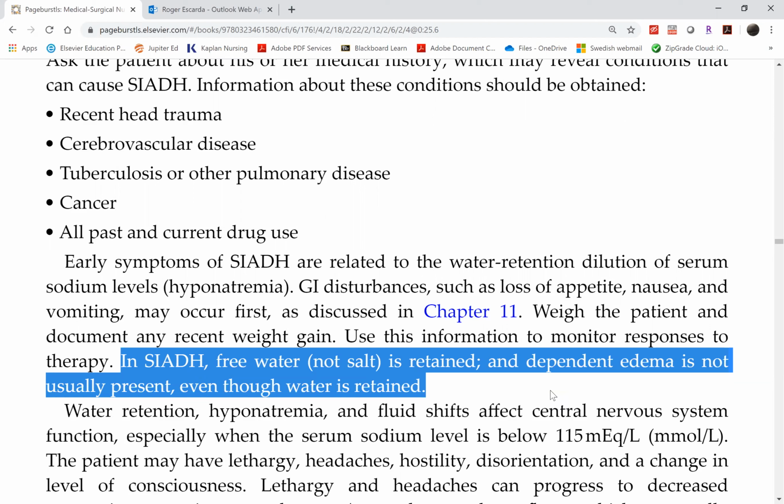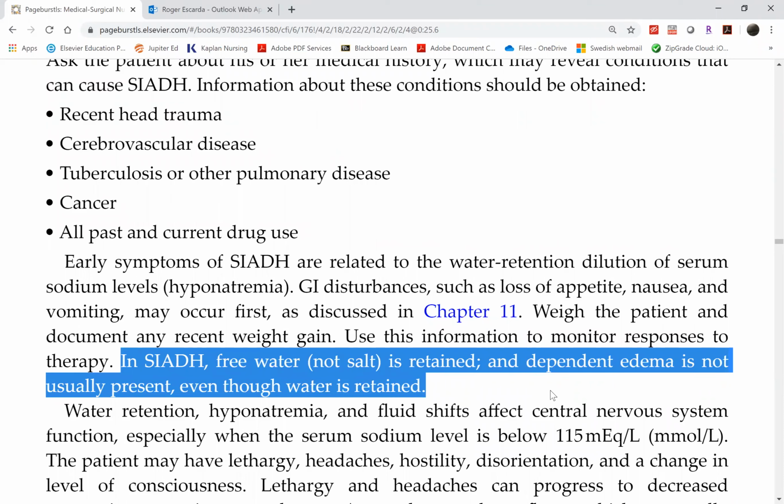Meaning because antidiuretic hormone only causes the reabsorption of water. Salt is not reabsorbed. So in fact, the sodium level is low in SIADH. So typically you don't see dependent edema here.